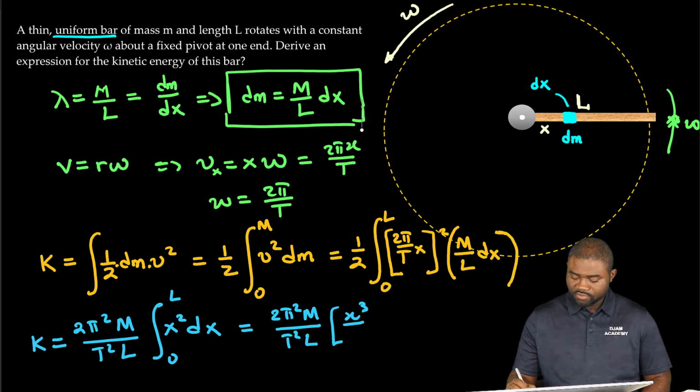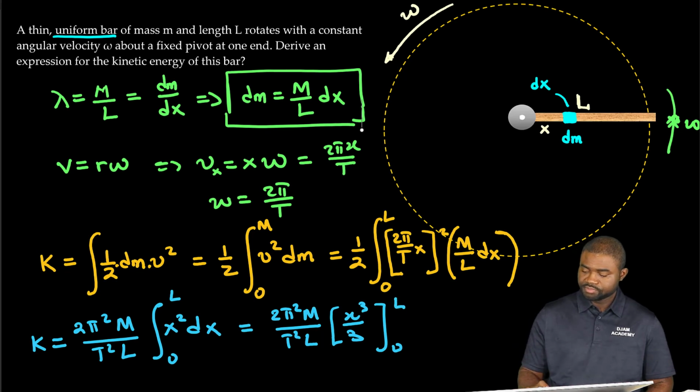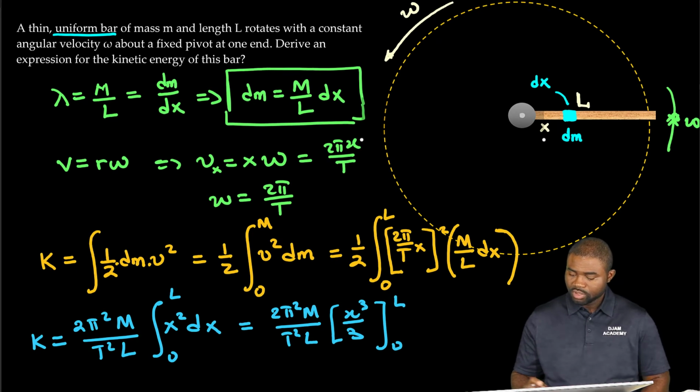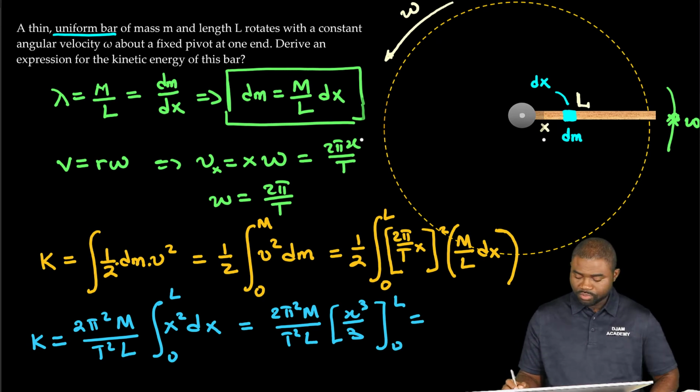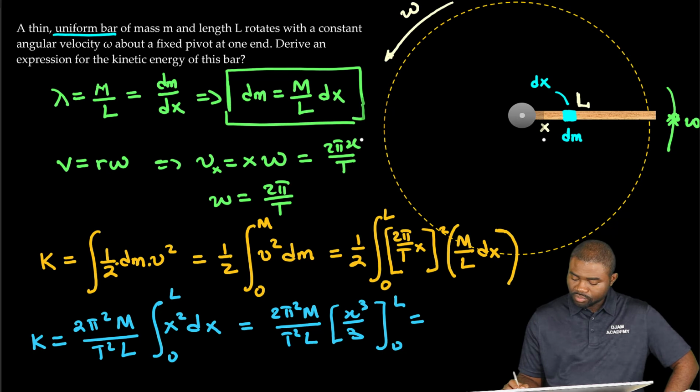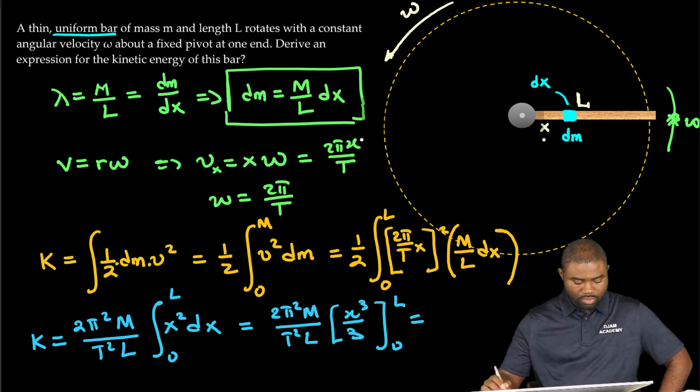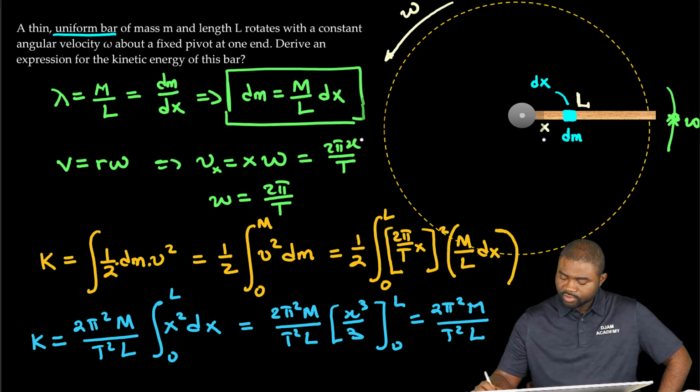times x cubed divided by 3 from 0 to L, which will be equal to 2 pi squared multiplied by M divided by T squared L, times L cubed divided by 3.